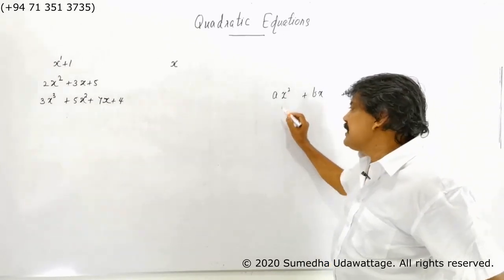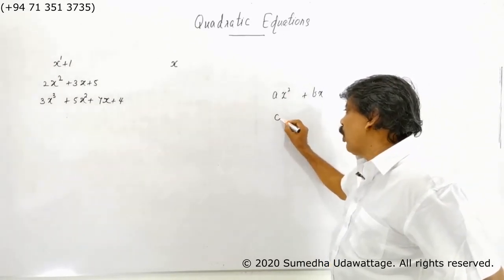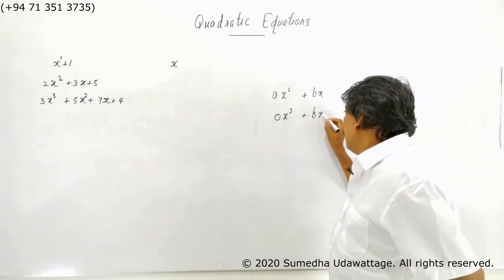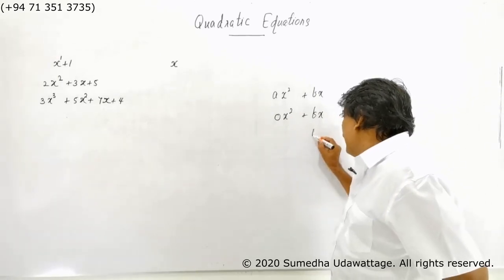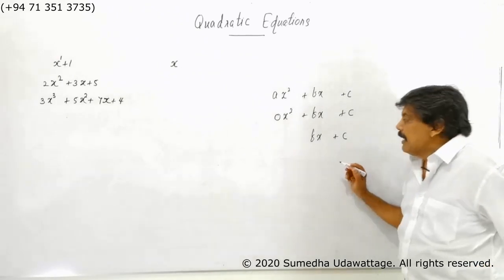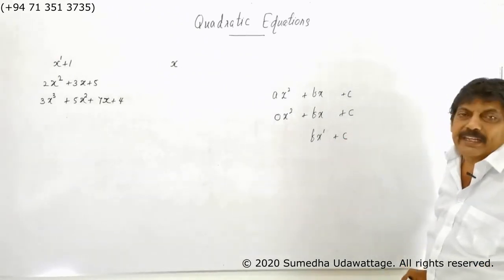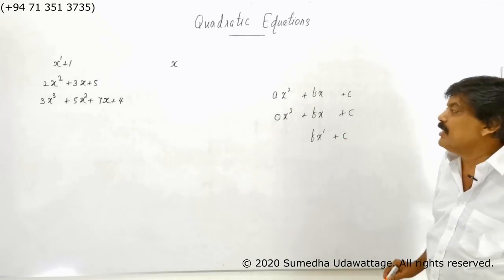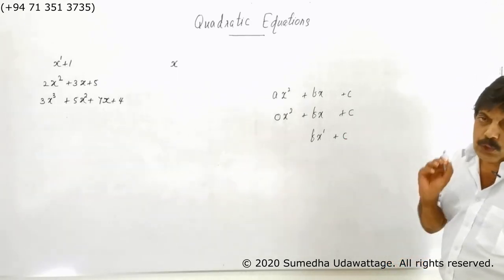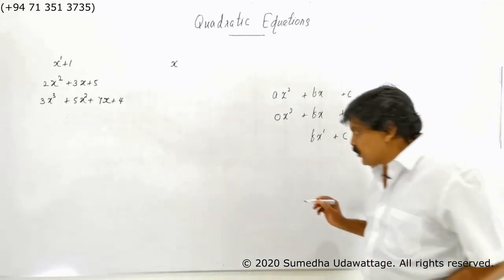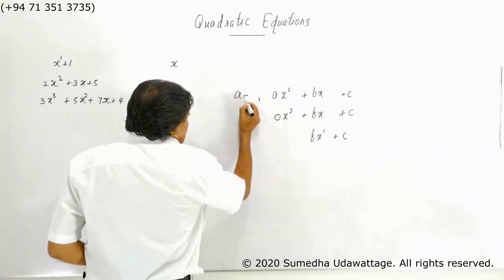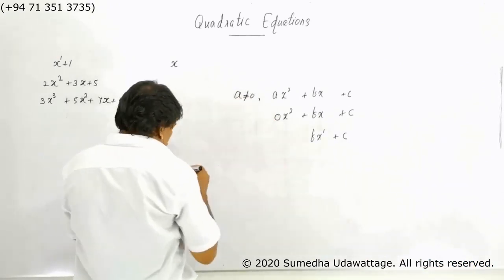But if this a becomes 0, 0x square plus bx plus c, then you get bx plus c, which is to power 1, therefore linear, no longer a quadratic expression. Therefore, to denote a quadratic expression, it is important that we say this value a is not equal to 0.